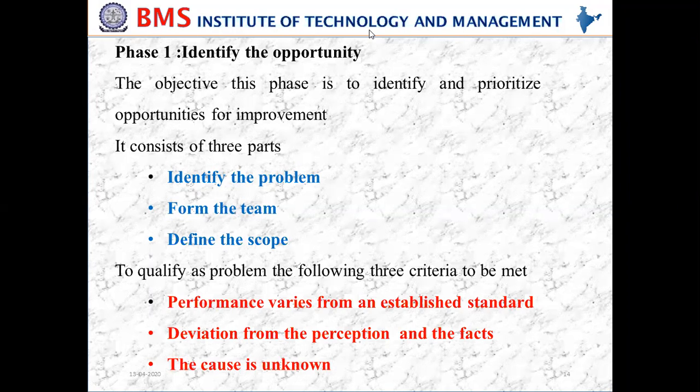And whenever the cause is unknown, there is a problem. So to qualify as a problem, these three criteria have to be met: performance varies from an established standard, deviation between the perception and the facts, and the cause is unknown.